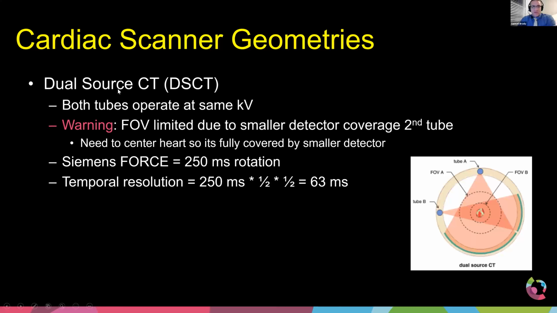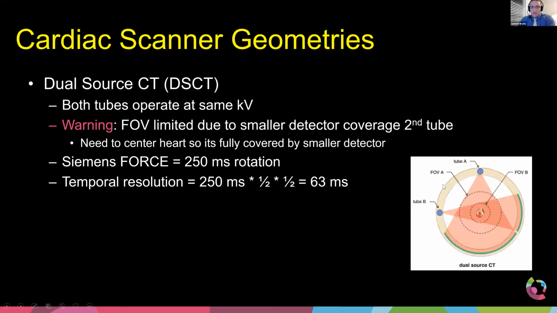So in this case, we have a dual source CT scanner, originally developed for dual energy. But if I turn tube A on to 1 kV, let's say 120, and tube B to the same kV, well, now I'm still doing single energy. I'm not doing dual energy. But the CT scanner doesn't have to cover the same heart.